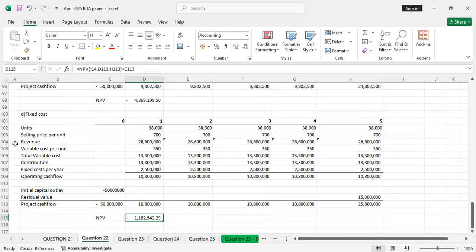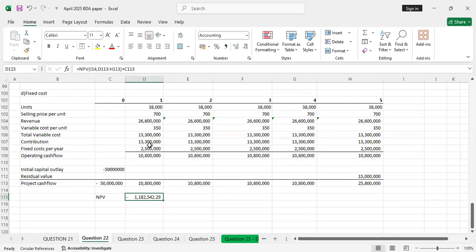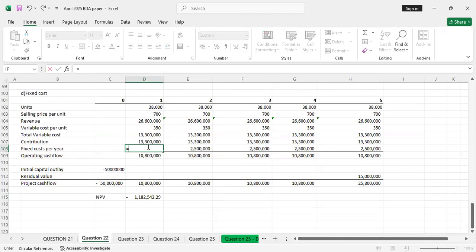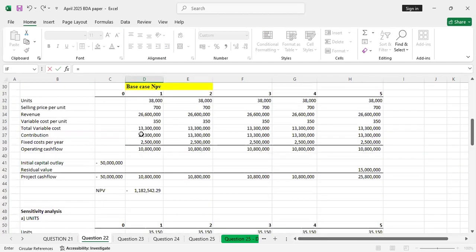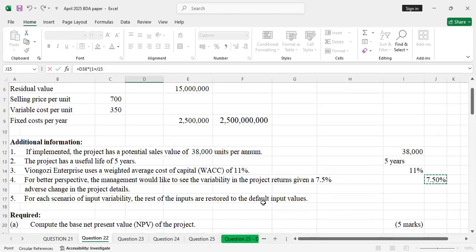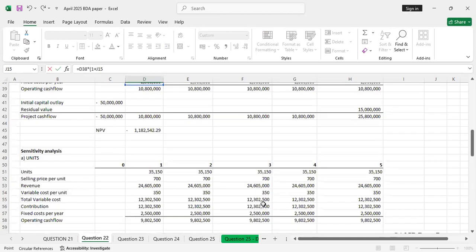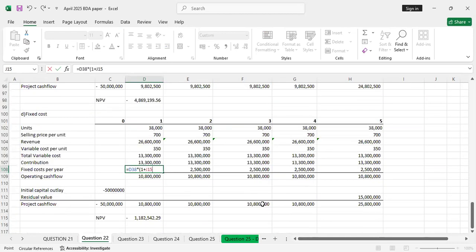So at this point, we are going to vary the fixed cost. When they are varied adversely, then they increase. So I'll go to fixed cost per year here and say equals the fixed cost under the original data, under base case, this one, and multiply by bracket 1 plus the adverse variance, and close the bracket.